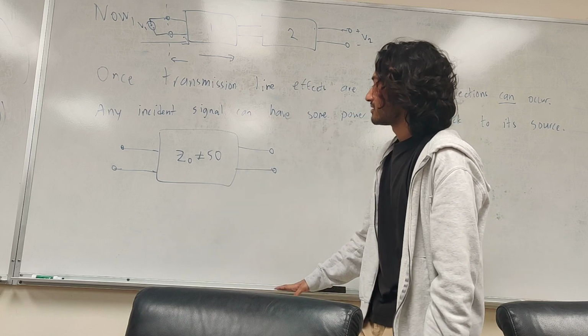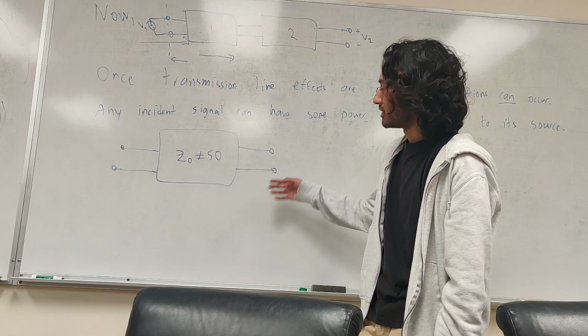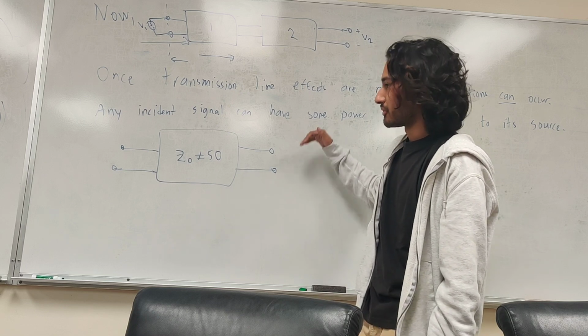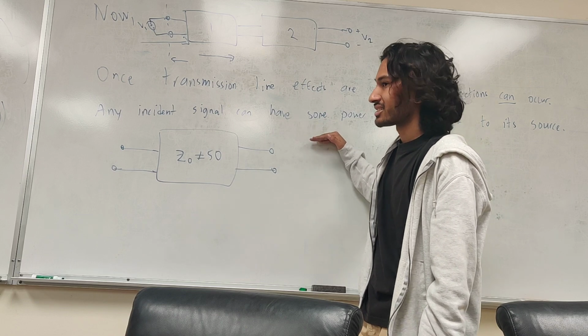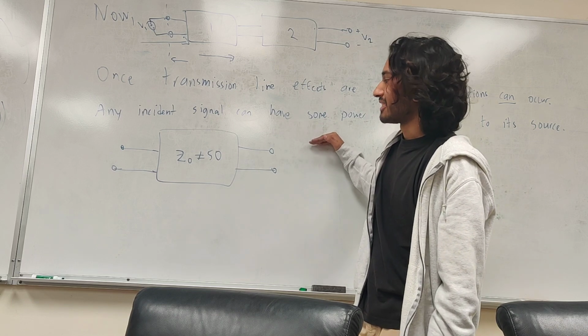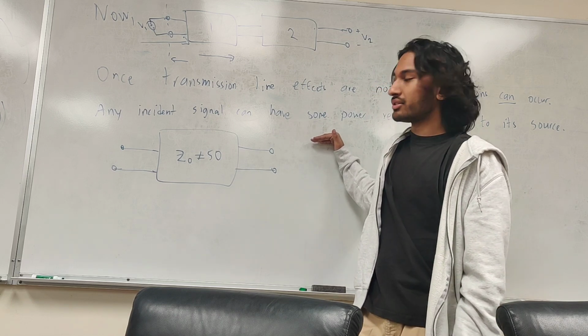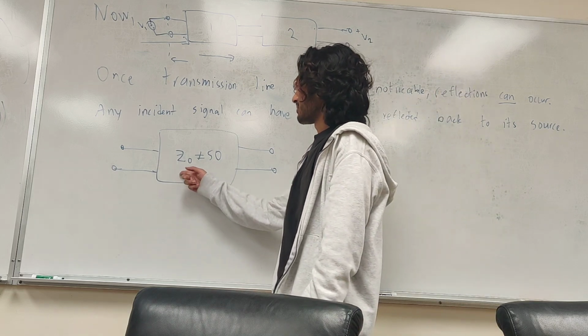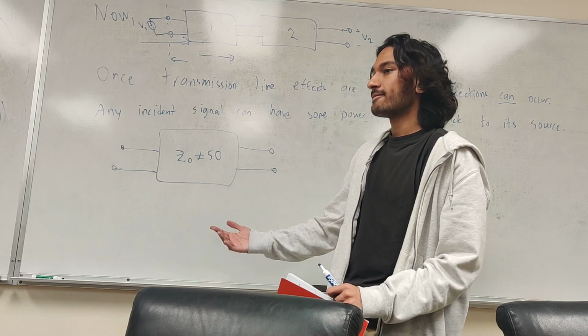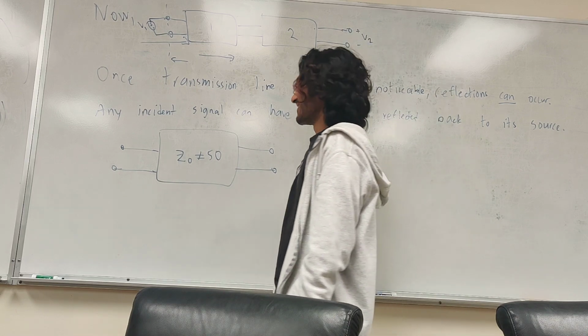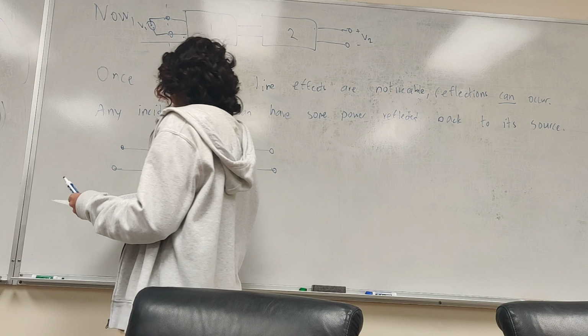If you've not taken 101A or you don't remember, the basic idea, if you remember from ECE 10, is that if things don't have the same resistance and are not conjugate matched, you're not going to have maximum power transfer. You can think of it like that if you'd like. Same kind of concept applies. So we just want things to be 50 ohms, and if this is not 50 ohms, that means it's not matched. So we can think of it like that.